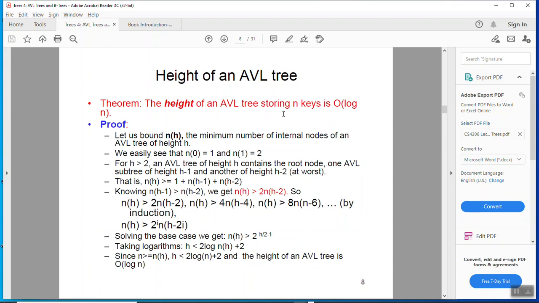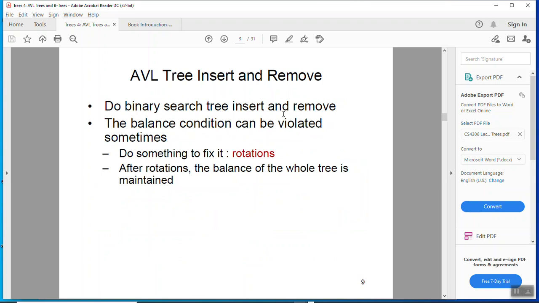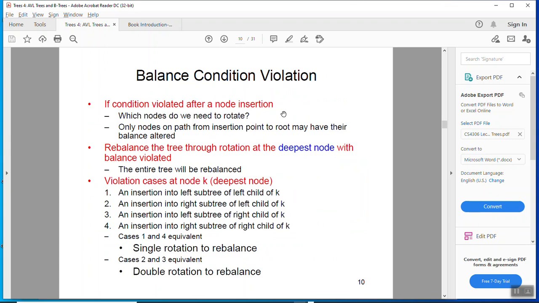The problem is that at every stage, when we insert or remove an element in an AVL tree, we need to check the balance factor for all nodes.